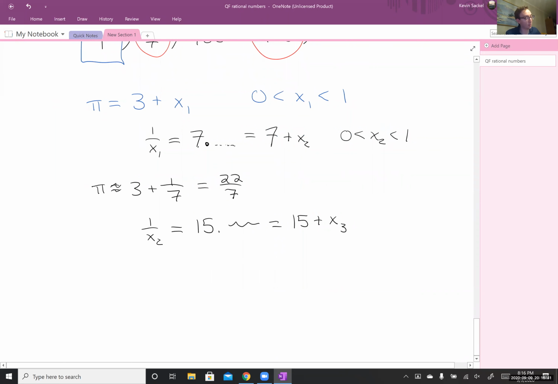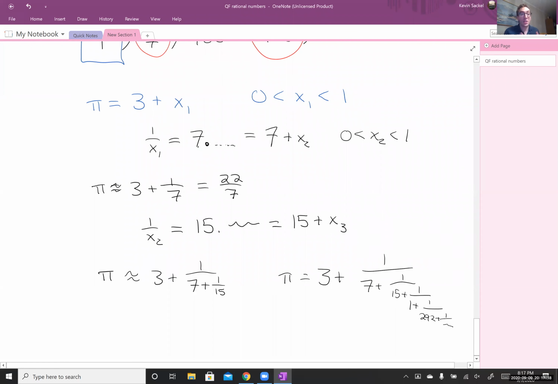And so in the next approximation, I had pi is about, remember, 3 plus 1/7 plus this little bit extra, which is 1/15. And in the end, I get this sort of infinite approximation for pi. I get 3 plus 1/7 plus 1/15 plus 1/1 plus 1/, and then the next one is ridiculous. It's 292 and some other things.